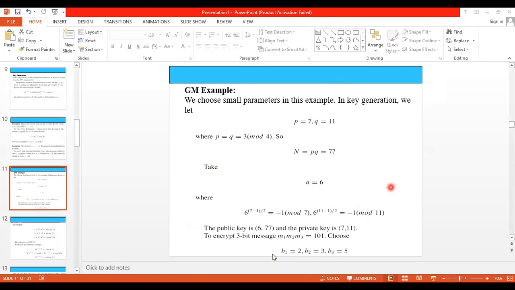So what we will ultimately get is 6, and this is minus 1 under mod 7. Let me tell you, 6 to the power 6 divided by 2 gives 216. If we divide it by 7, the remainder will be minus 1.